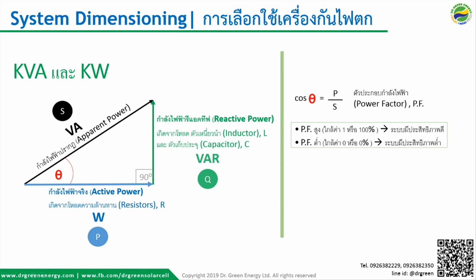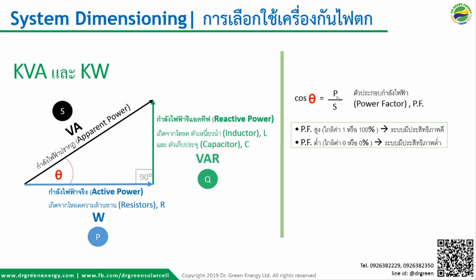Okay? So you will understand when we talk about the VA and W and how to convert between these two. Because from this formula, P is equal to S times cos theta, or the wattage, the active power, is equal to the apparent power multiplied by cos theta.